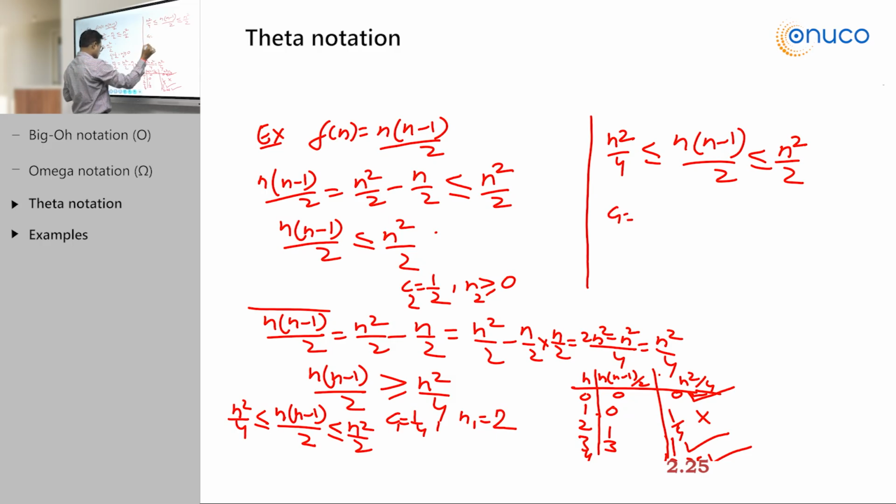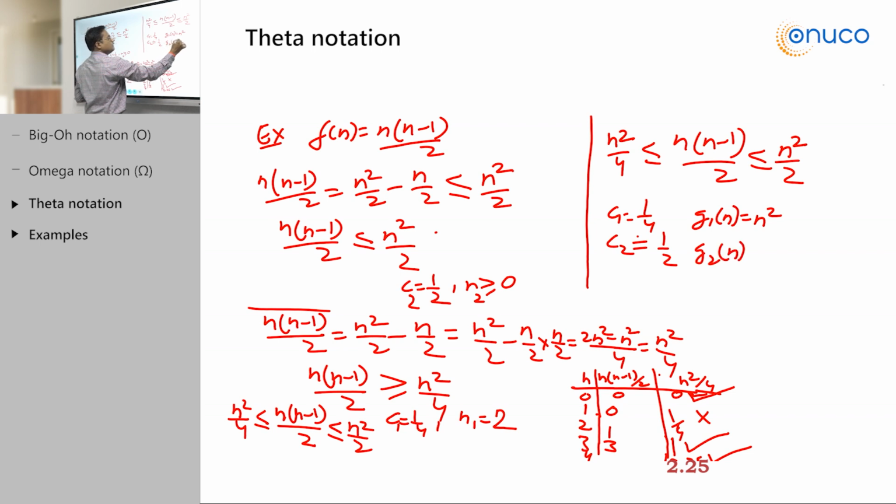C1 is 1 by 4. C2 is 1 by 2. G1 of n is n square, G2 of n is n square, and n is the max of N2 and N1.